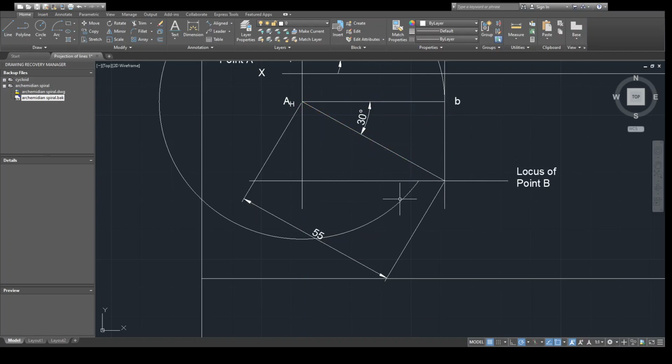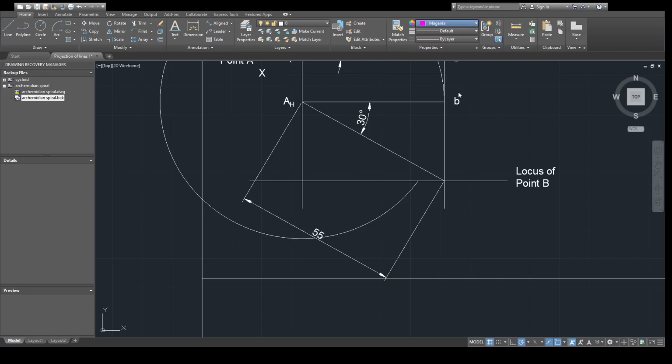Okay, so this is the point. In the opposite direction we have obtained it, but it doesn't matter. You can take the compass. You take AH as the center point, and AHB, small b, is the radius, and you draw one arc which will cut the locus of point B at this point. So we will draw one line.